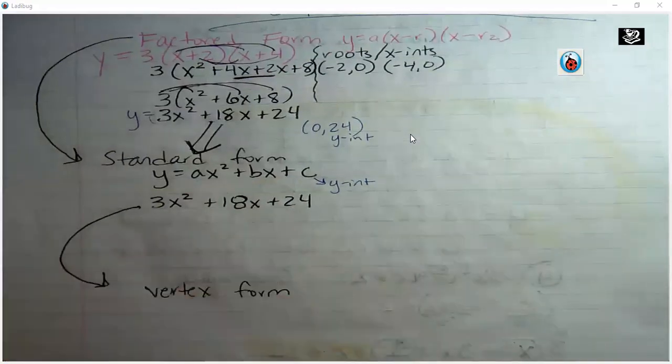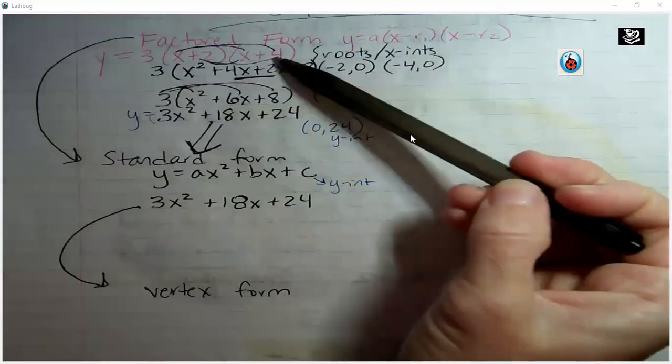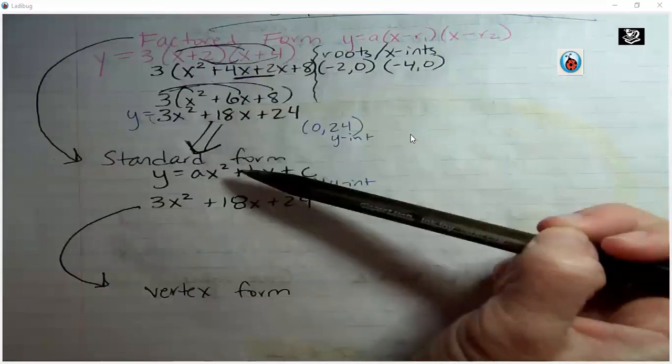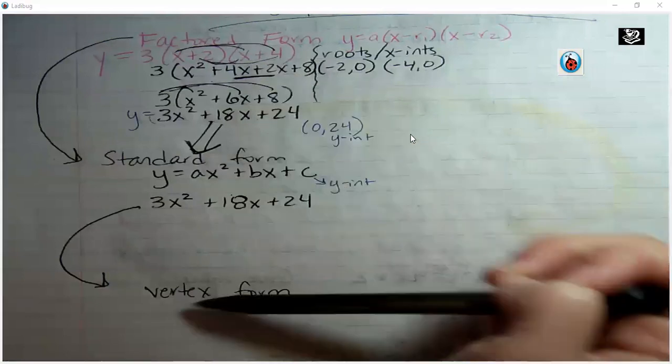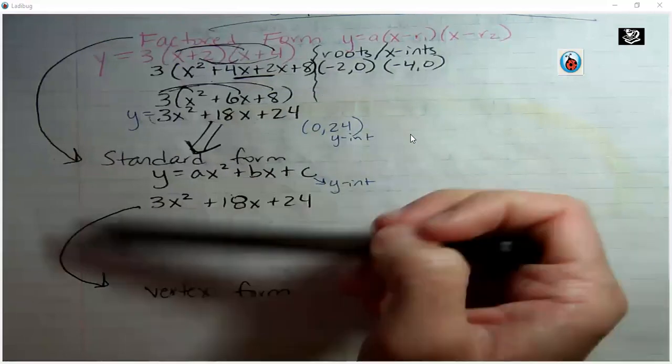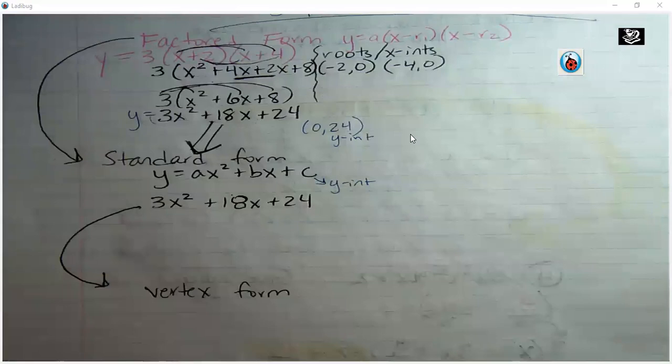So we had it in factored form. We multiplied the lobster claw to go to standard form. And now we're going to go from standard form to vertex form. What's it called when you go from standard form to vertex form? Completing the square.